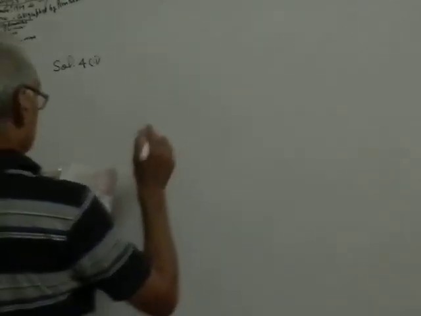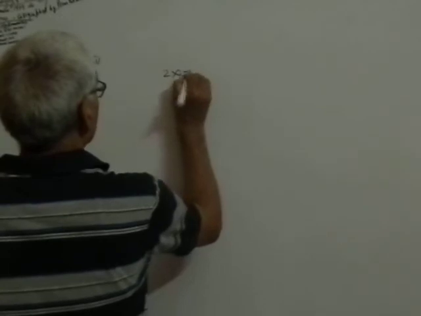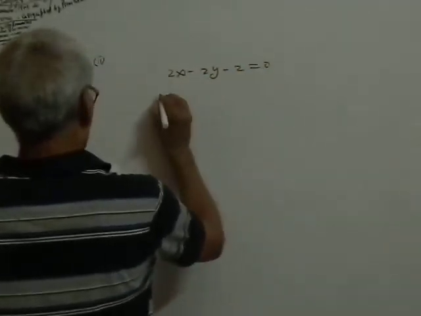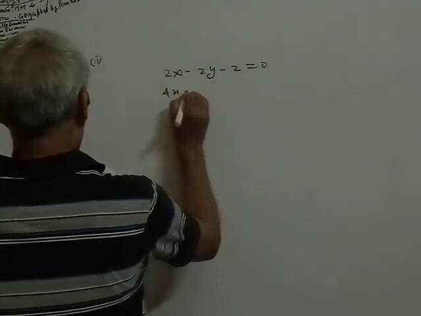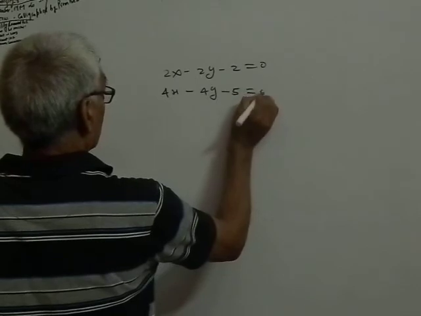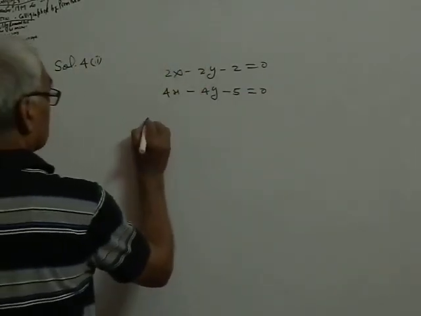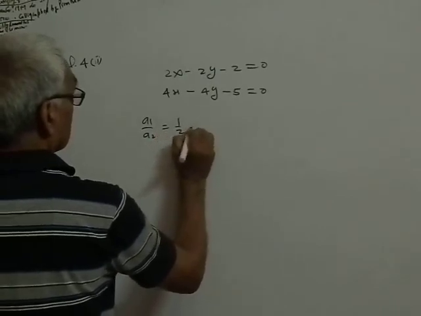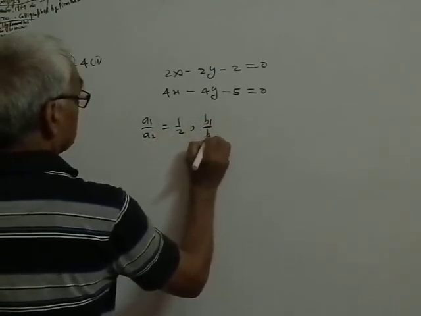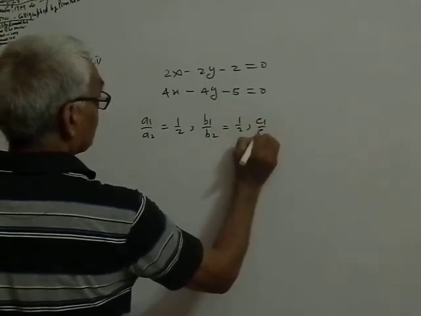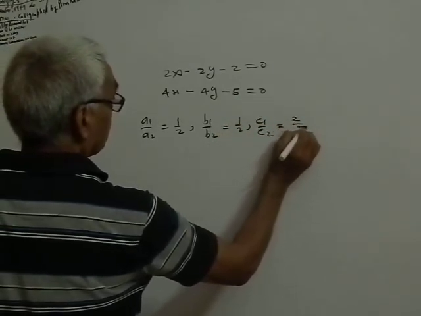The fourth part is 2x minus 2y minus 2 is equal to 0, and 4x minus 4y minus 5 is equal to 0. The ratio of coefficients, that is a1 upon a2, is equal to half, b1 upon b2 is equal to half, and c1 upon c2 is equal to 2 by 5.